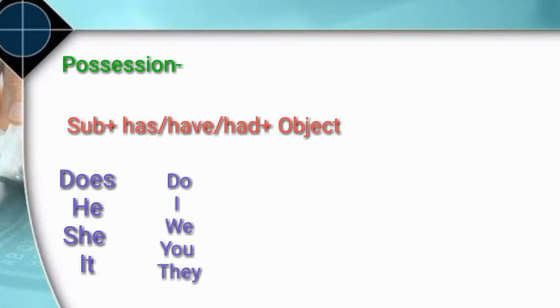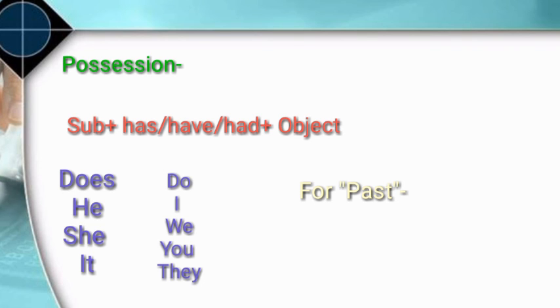Or if you want to express this sentence in a past version, where something has happened in the past. Now you don't have a car, but earlier, last year, you had a car at your home. So if you want to say that something you don't have now but you had earlier, last year or two years back, you can use had to express that something happened in the past.